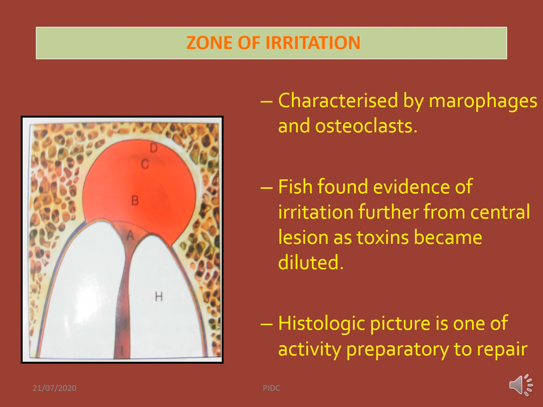The next zone is the zone of irritation. Here there is presence of macrophages and osteoclasts. Fish found evidence of irritation further from the central lesion as the toxins become slightly diluted here. The histological picture in this zone is one of activity preparatory to repair.